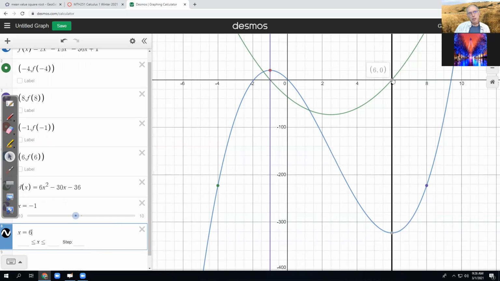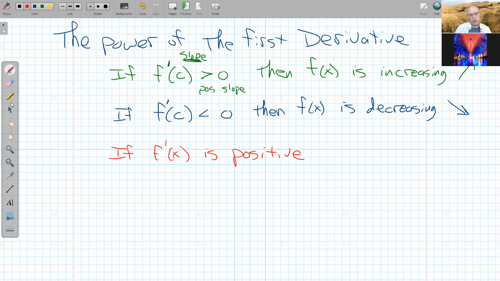And so that's what the mean value theorem gives us, some important consequences related to the derivative. That's our focus at the moment.